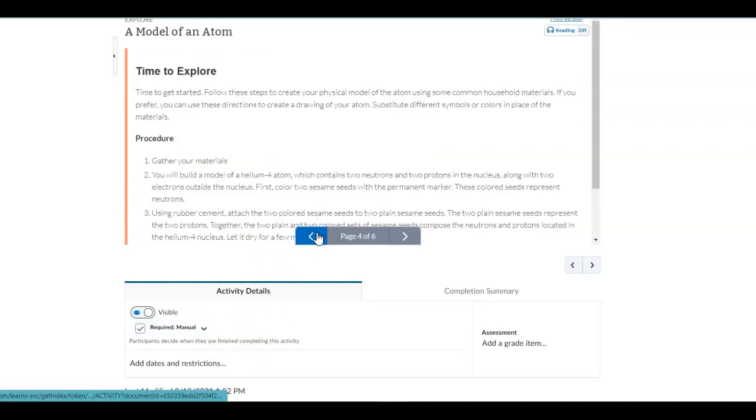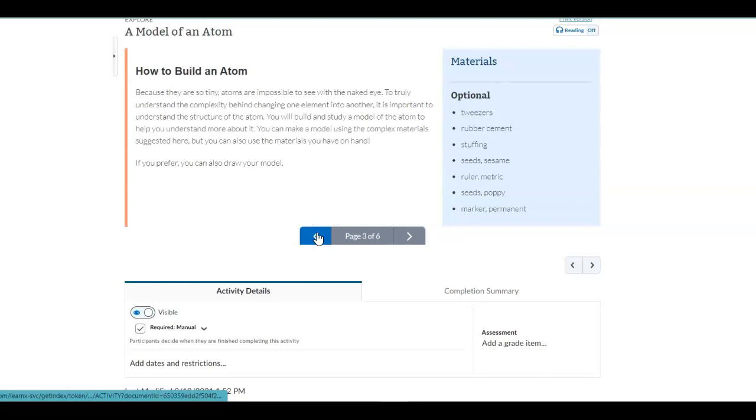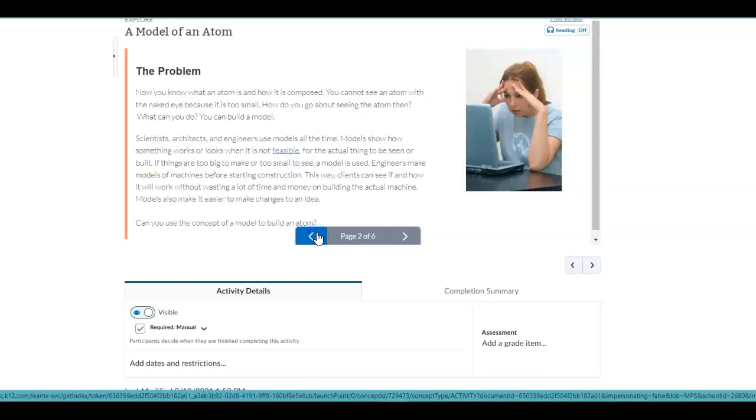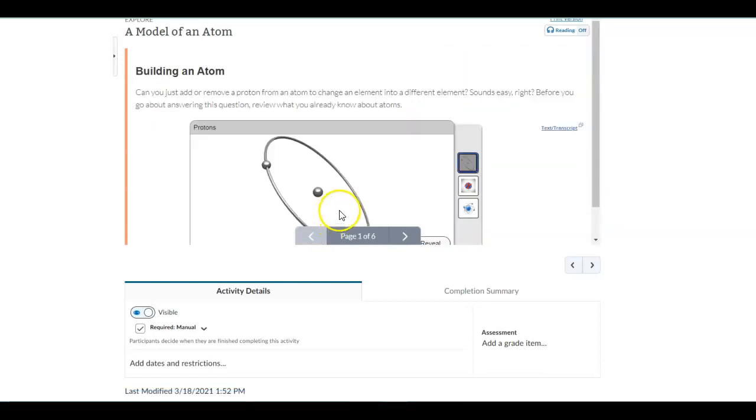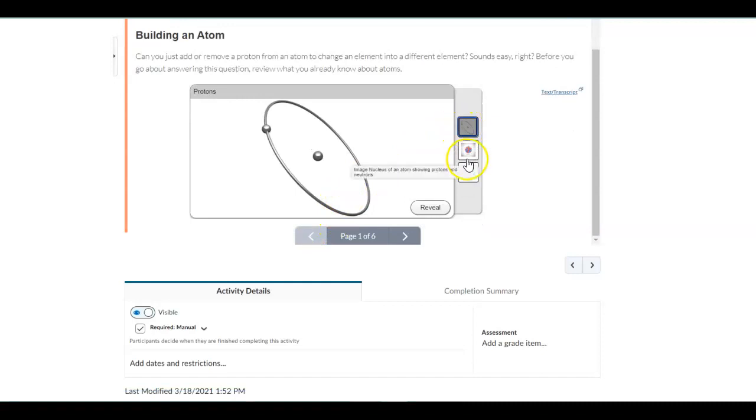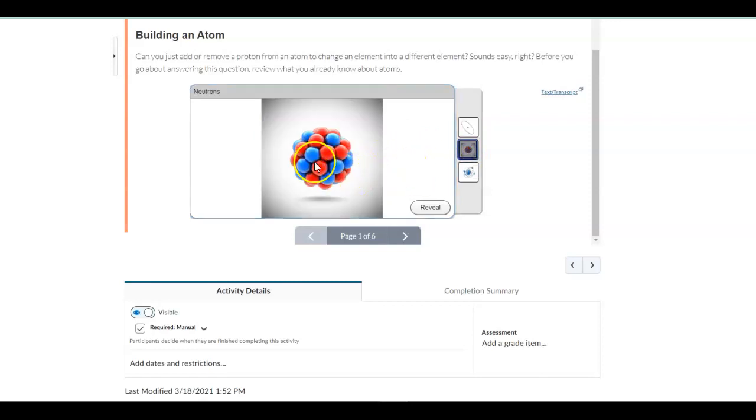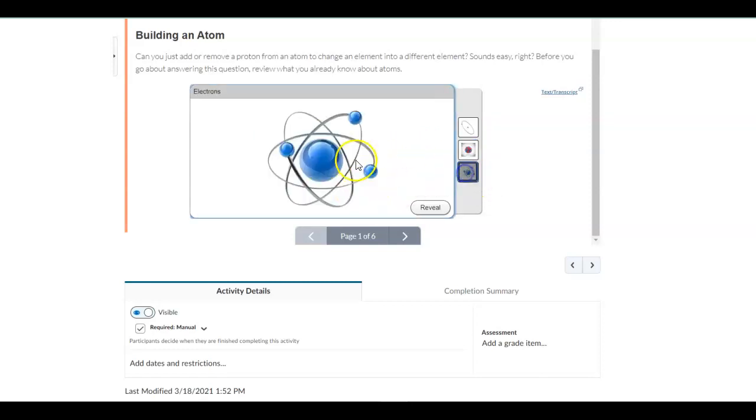And we talked about that, and we also kind of saw it before. Let's see if we can go back here. Kind of the structure of an atom, we talked about it, where we've got protons in the middle in the nucleus and neutrons together, and then we've got electrons orbiting around the nucleus. So that's how you would answer number 2, just kind of explaining what that structure is.